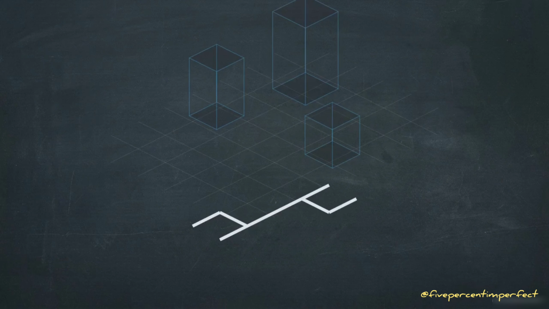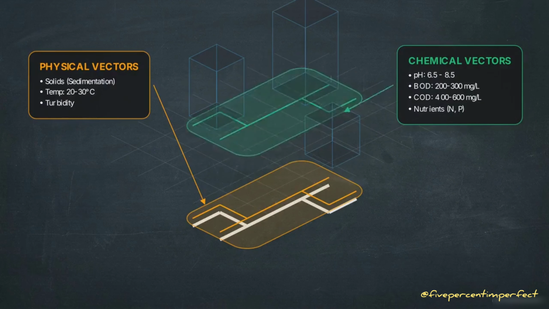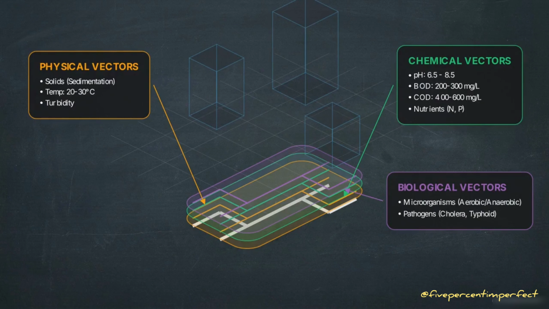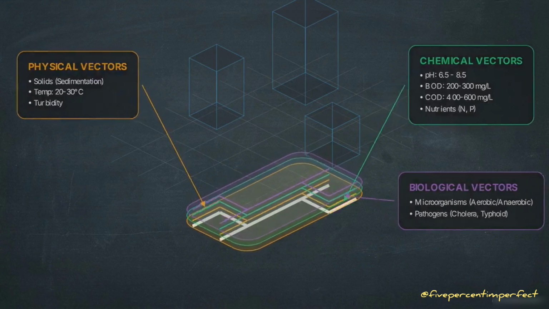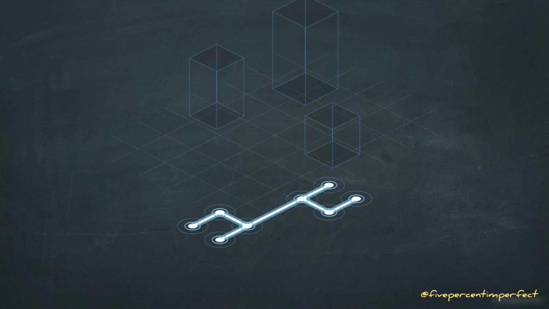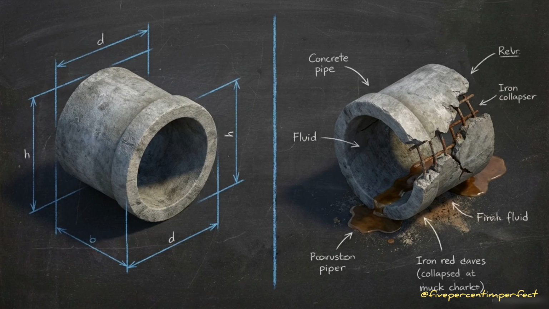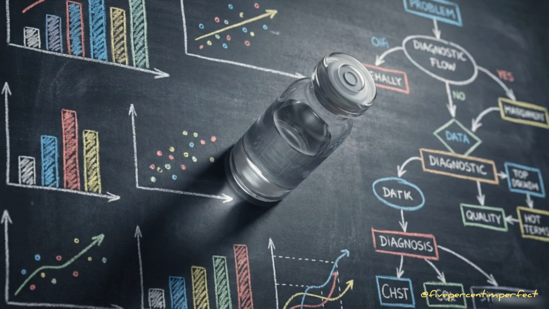To prevent system failure, engineers must exhaustively map the physical, chemical, and biological vectors of the wastewater before construction begins. Characterizing these specific traits is the mandatory first step in preventing the premature degradation of the city's underground assets. Characterization begins with the physical properties.